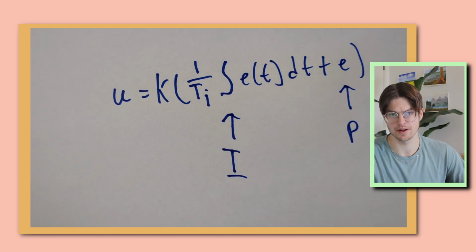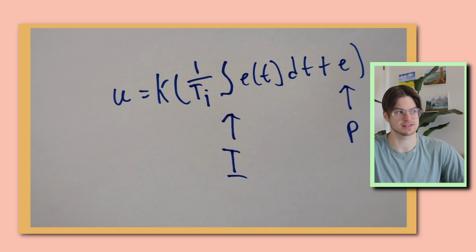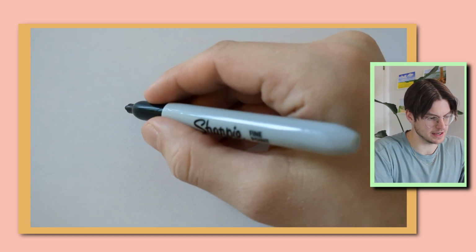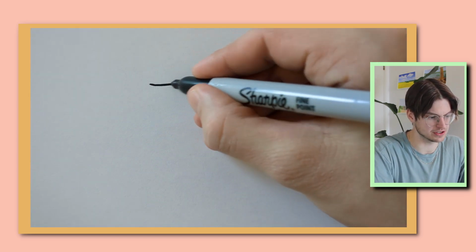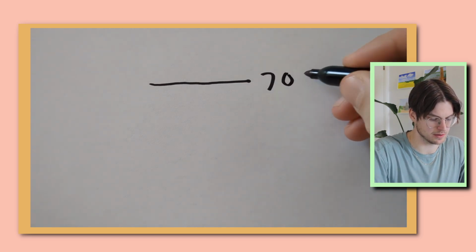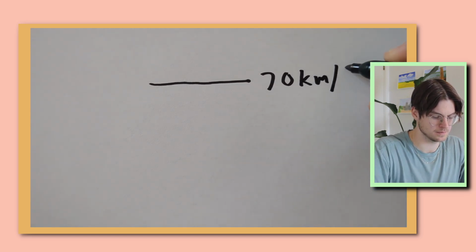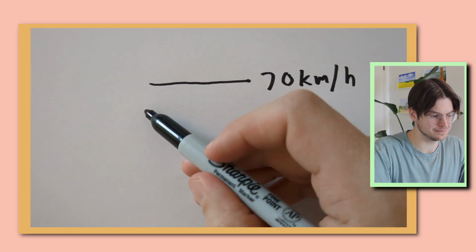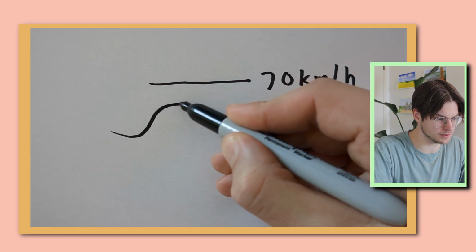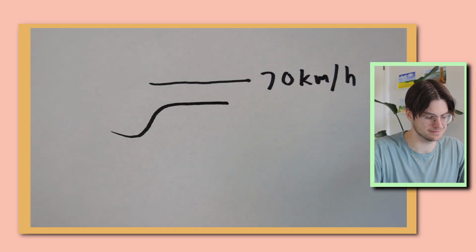So what would happen, the way I'm going to explain this is to look at the scenario where we get to 65 kilometers per hour. Or we get to a stable point. So let's say we want to reach this speed, 70 kilometers per hour. The regulator has gotten us up here, to 65.